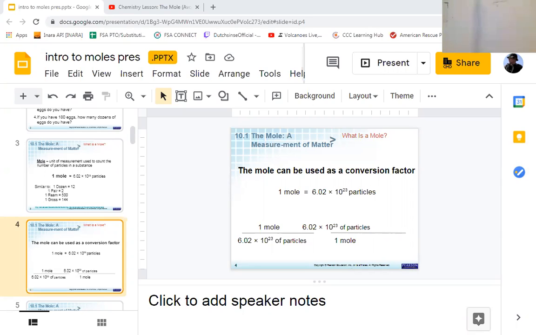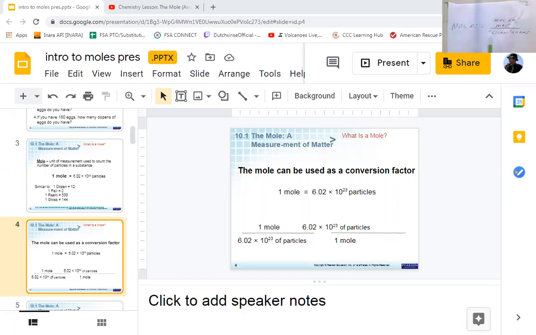Okay. Next thing, moles are equal to molar mass over what we call given grams. I'm going to start the problems in just a second. Moles are equal to molar mass, and I'm going to show you what that is, over given grams. Molar mass is molecular weight.